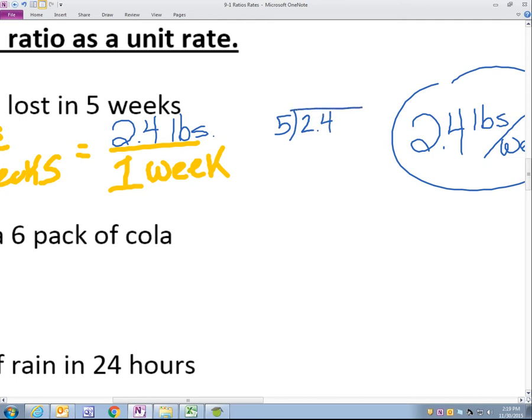Just going to rewrite this. Oops, that's not what I wanted. 12.